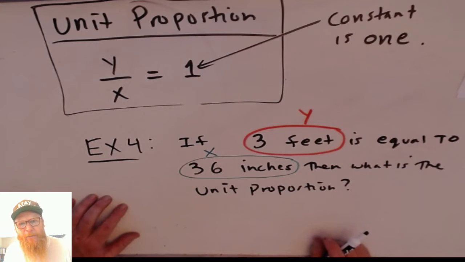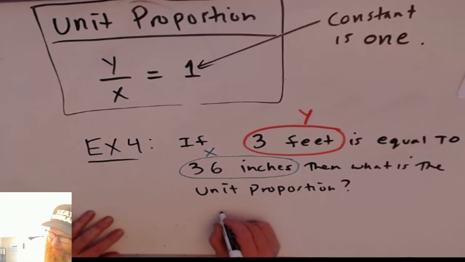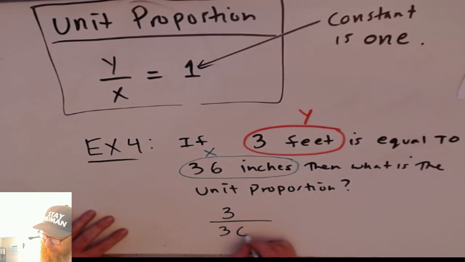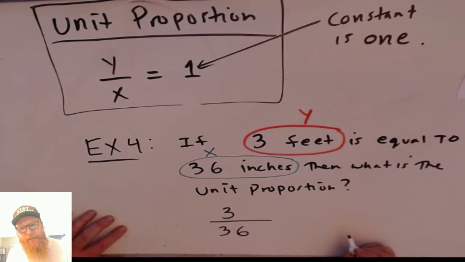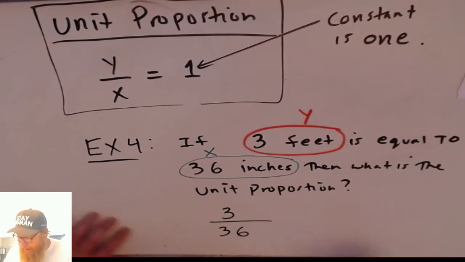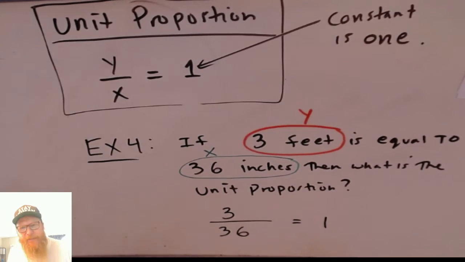So what is the unit proportion? Now you have to be careful. It looks like 3 over 36, right? Because y is 3 and x is 36. And you might write this.